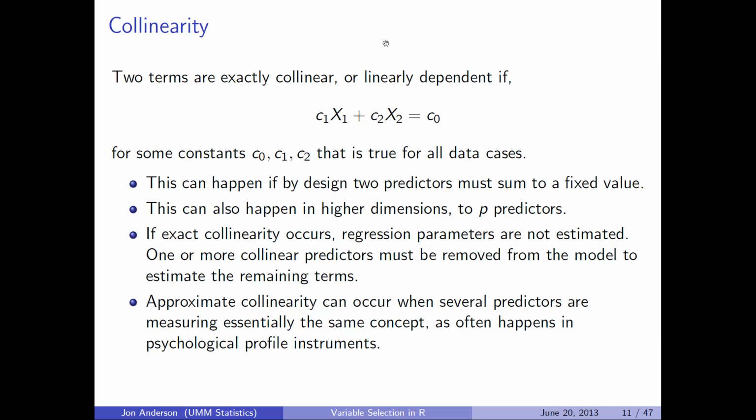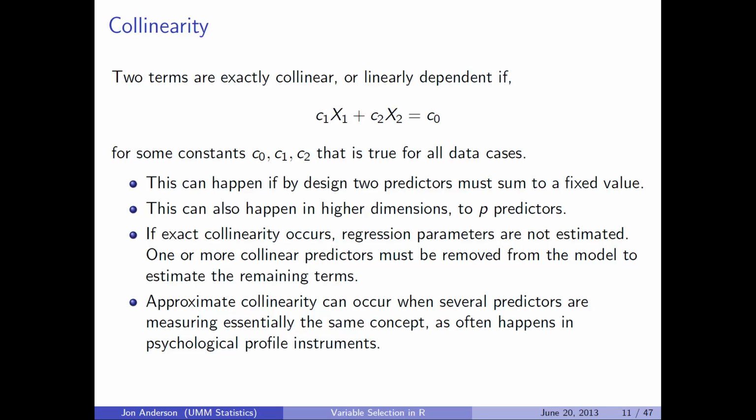One of the issues going on here is correlation between predictors, and one extreme level of correlation is called collinearity, when two predictors can be expressed as linear combinations of each other. They are said to be collinear.